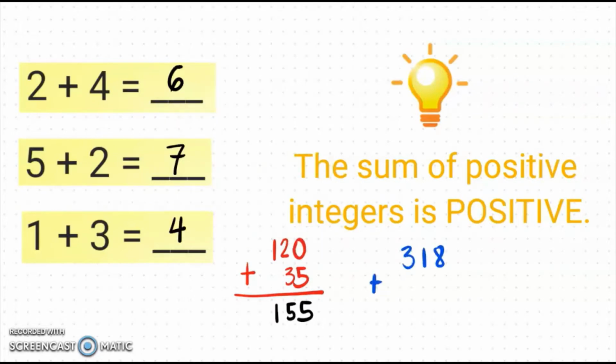You add this to another positive number, 37. Therefore, the sum is a positive 355. And other bigger numbers, you can apply this idea here, that the sum of positive integers is positive.